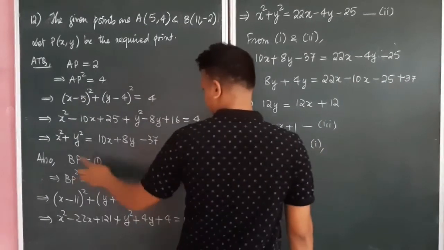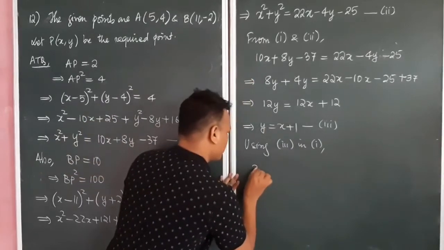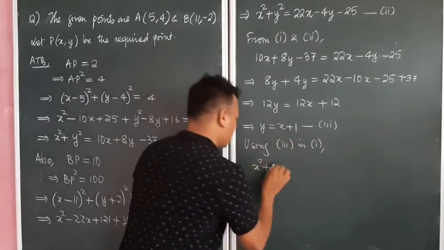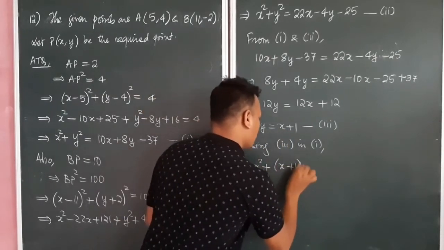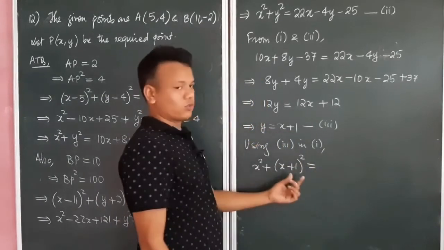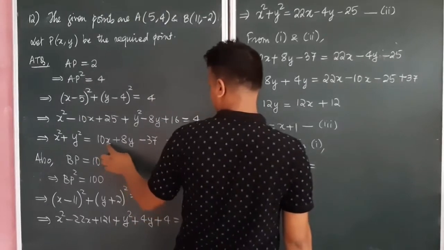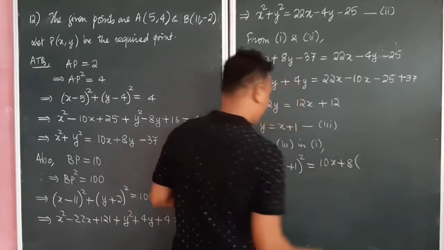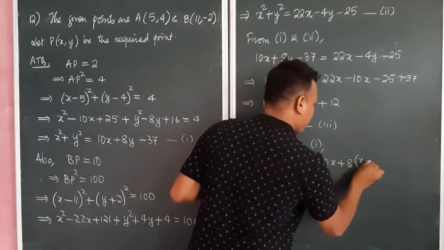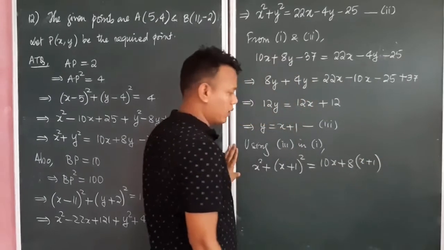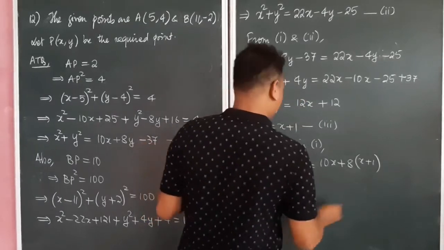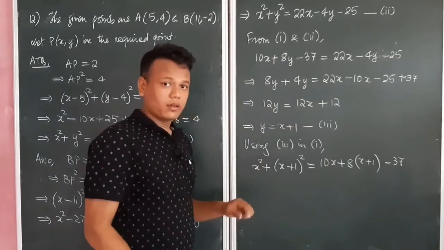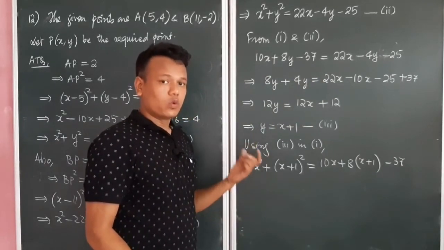In 1 we have x square plus y square, so x square plus y square, and instead of y I am writing x plus 1, so x plus 1 whole square is equal to 10x plus 8y, where y is x plus 1, right? And the last one is minus 37.